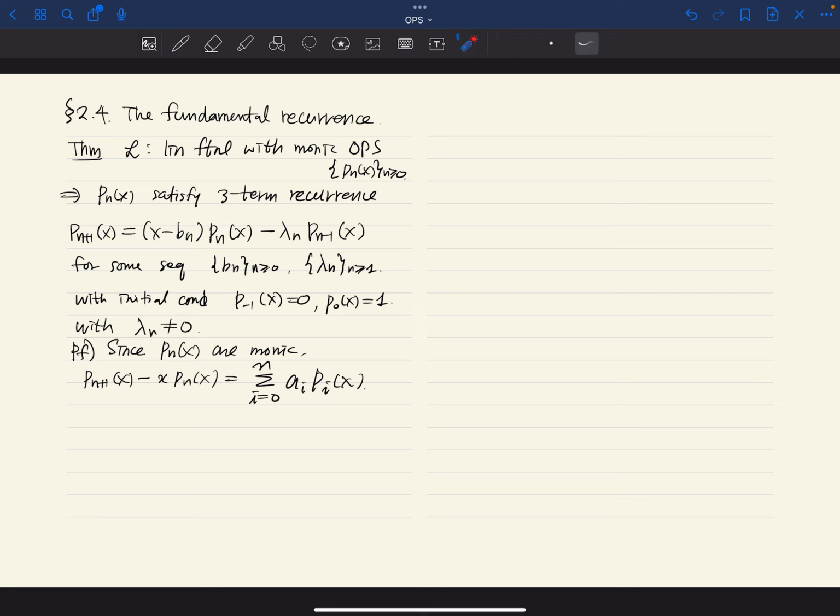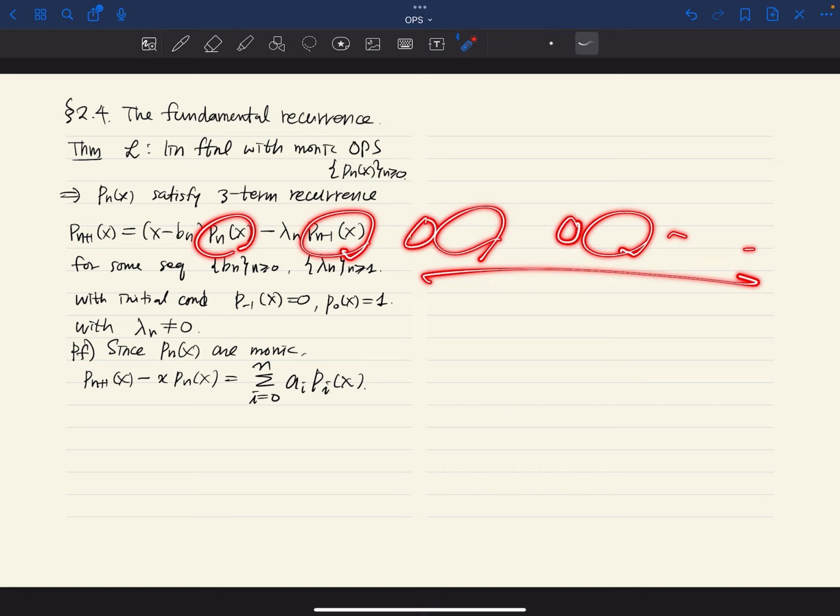So we are already quite close to this. Because we just moved this term to the other side, all we need to show is that we only have two terms here, P_n and P_{n-1}. So P_{n-2}, P_{n-3}, etc. all have coefficient 0.